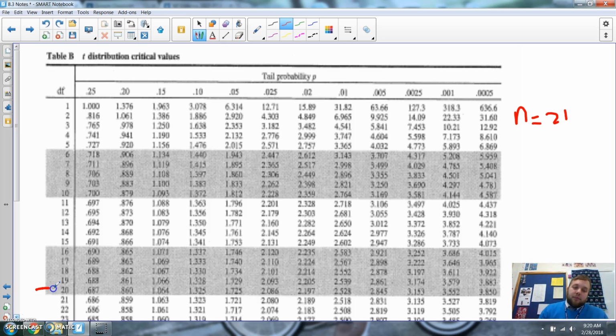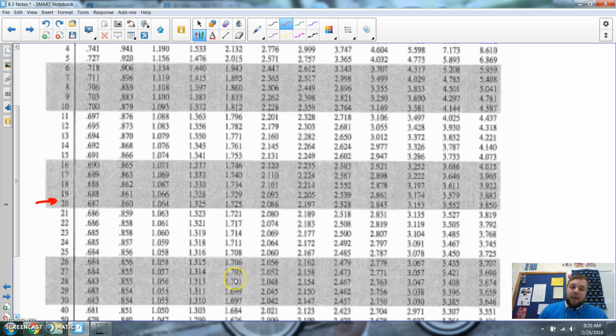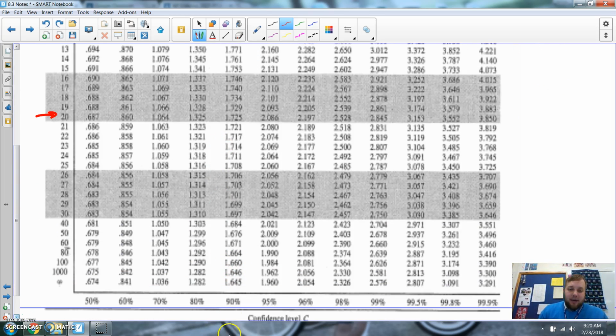And if I want to be 90% confident, 90% confident with a df of 20 is 1.725. Now, if I actually knew the population standard deviation, I would come right down here, and this is the exact value, without any extra little bump. It would be 1.645. But because I don't know the actual population deviation, I would select that.